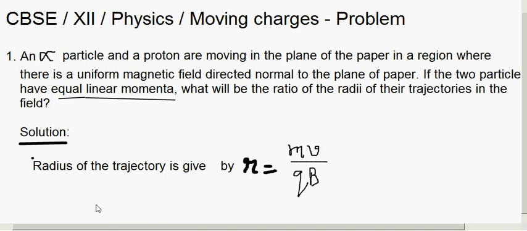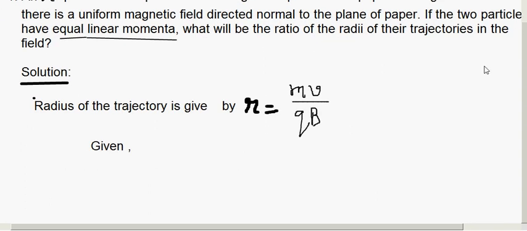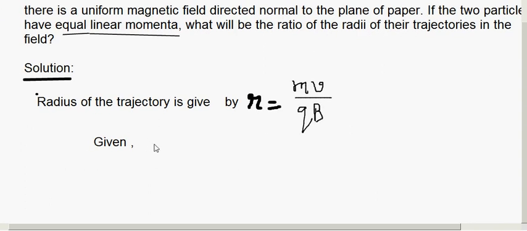So if I take the mass of the alpha particle as m alpha and its velocity as v alpha, the linear momentum m alpha v alpha is equal to the linear momentum of the proton, mp vp.